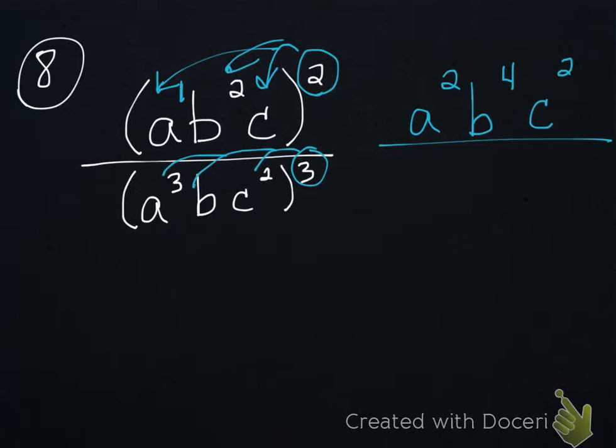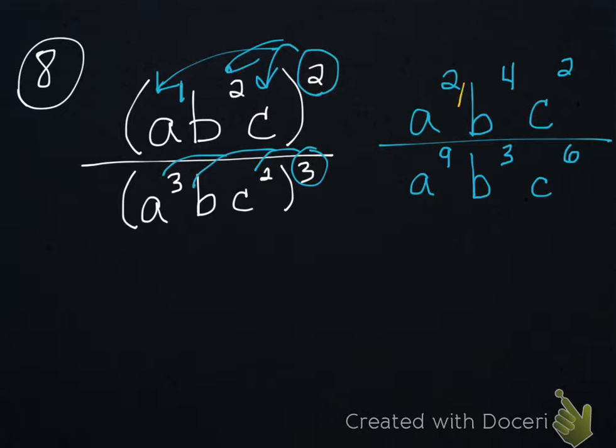C becomes c squared. Now the denominator. A cubed becomes a to the 9th. B becomes b cubed. And c squared becomes c to the 6th. Notice each time we multiply the exponents, because with parentheses to a power, we multiply the powers.